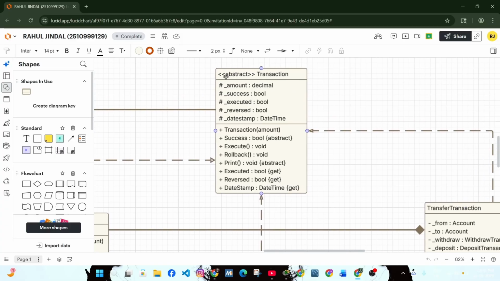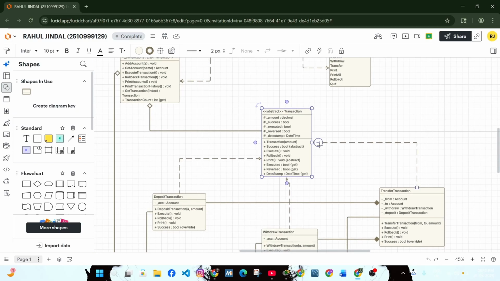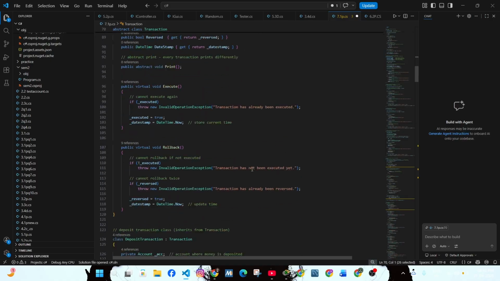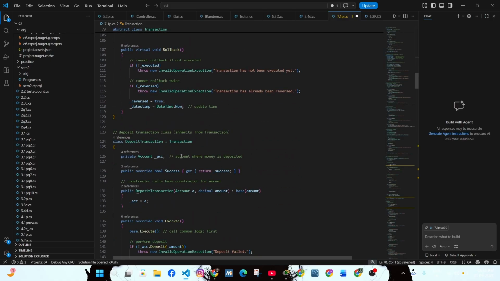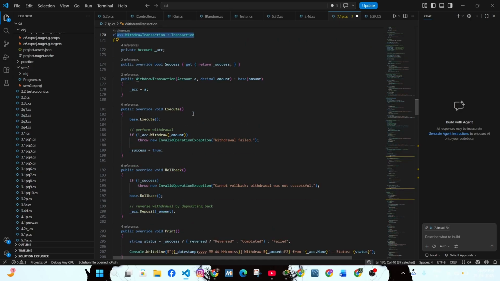Then next we have the inheritance in UML, which is represented using this: class deposit transaction inherits from the transaction. Then the class withdraw transaction inherits from the transaction. So then next we have the association, which is shown where a transaction uses an account.